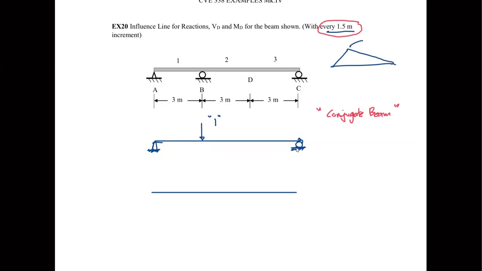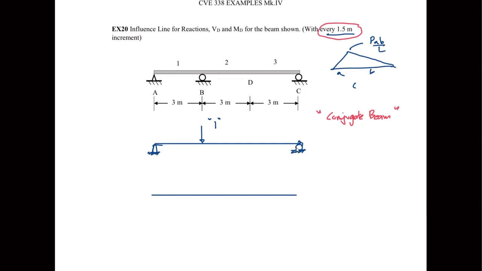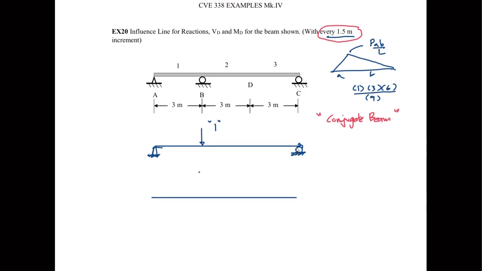And the moment here is PAB over L. This is A, this is B, and the entire length is L. So the maximum moment is, with P equal to 1, A is 3, B is 6, and L is 9, so that is 2. That means the maximum moment here is 2. And this is the bending moment diagram.